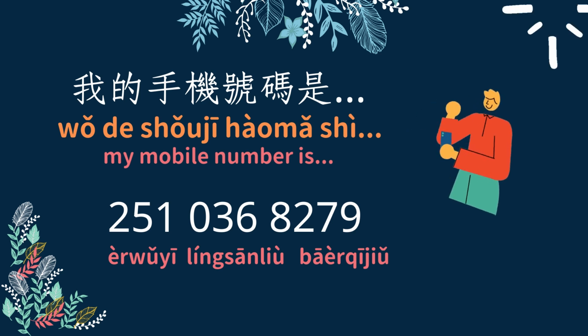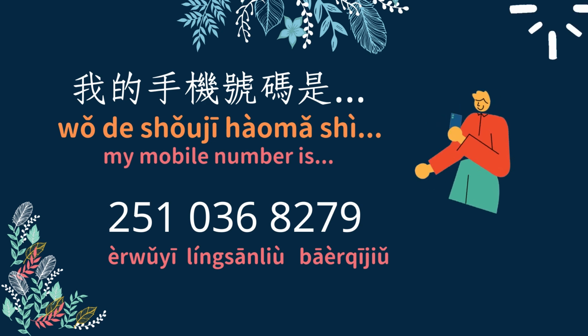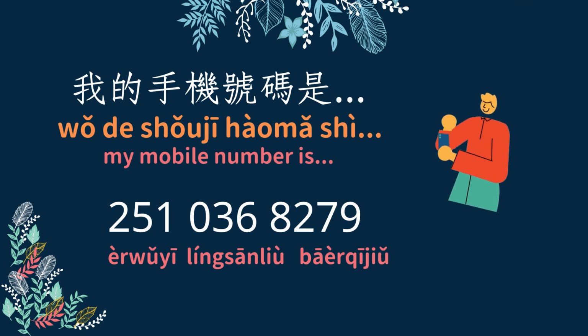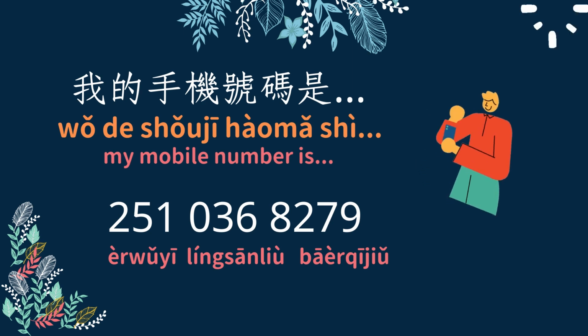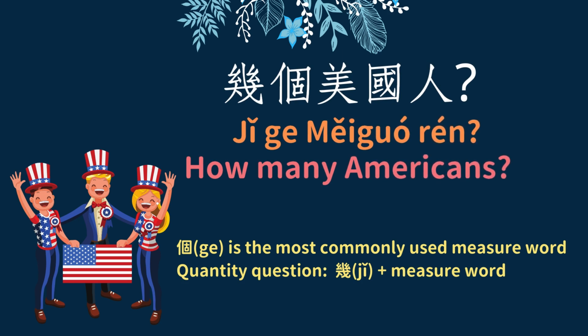我的手机号码是250368279。We can make more question sentence with 几 like the sentence here. 几个美国人？How many Americans? 个 is the most commonly used measure word.